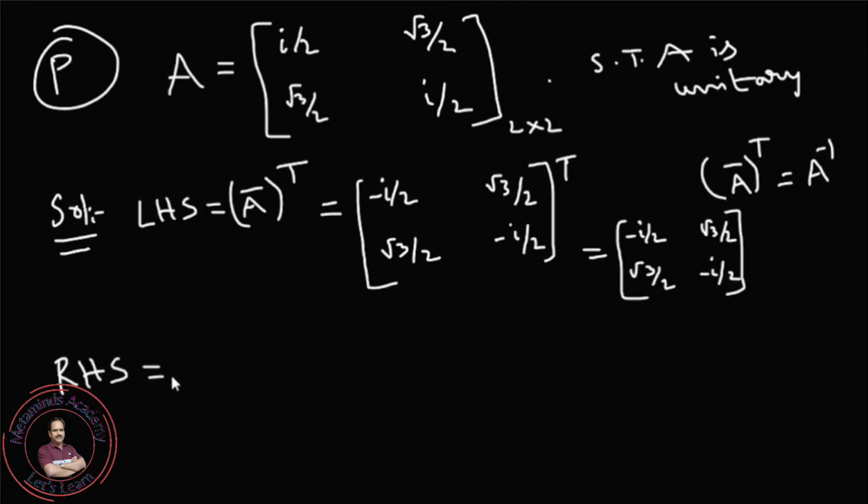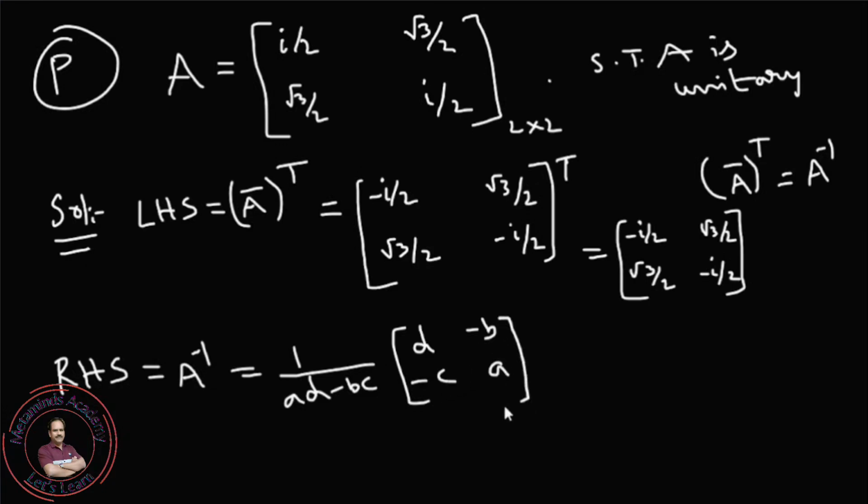What is RHS? A inverse. So what is A inverse? 1 by AD minus BC into adjoint A. Adjoint A is D, minus B, minus C, A. So 1 by AD minus BC. What is AD here in the matrix A?